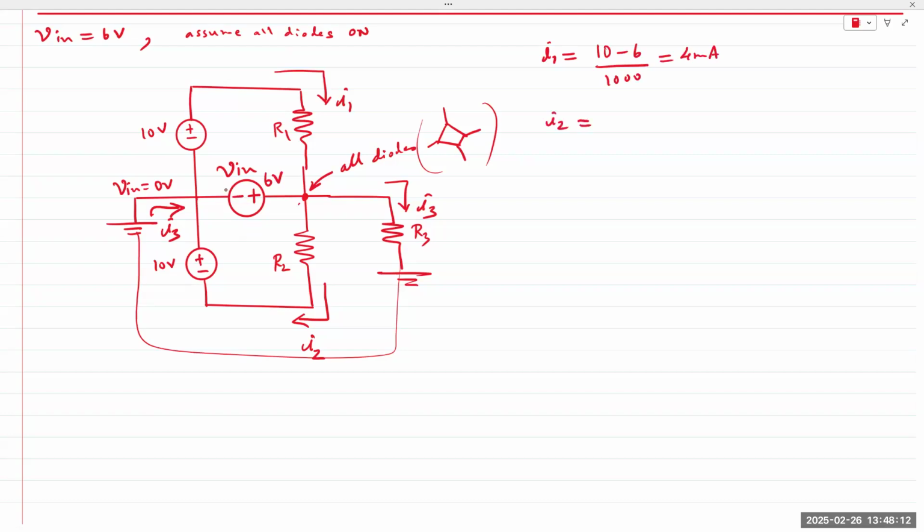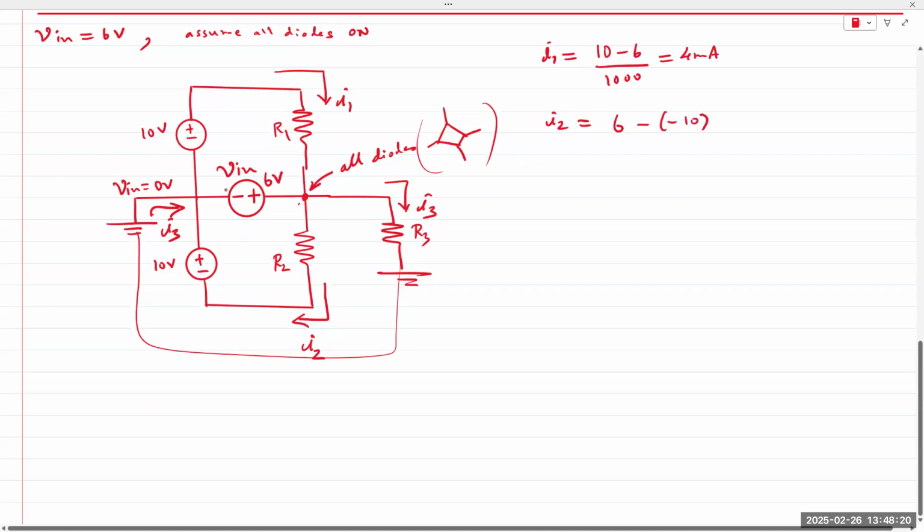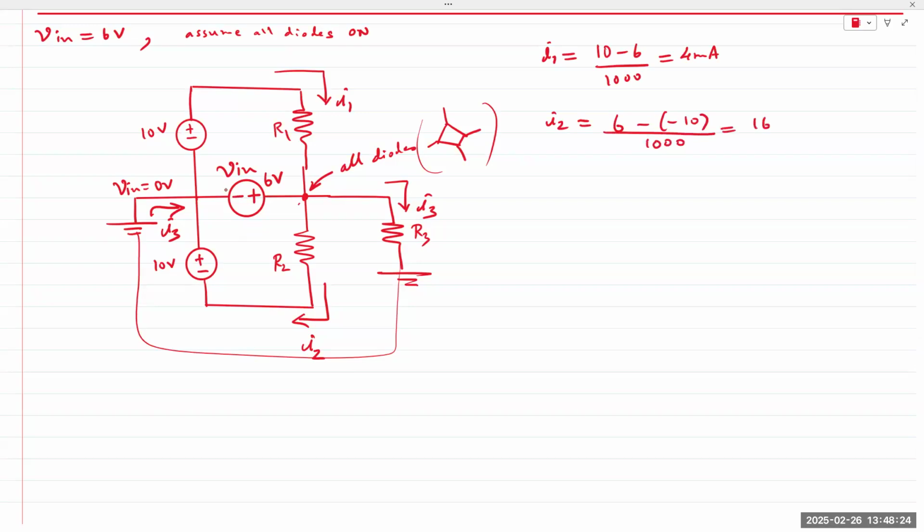I2 is 6 minus negative 10, divided by 1000. So I2 is 16 milliamps. And I3, because it's in parallel with the 6 volt source, is 6 divided by 1000, so it's 6 milliamps.